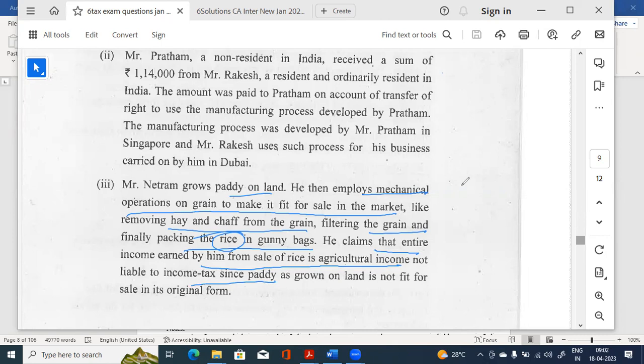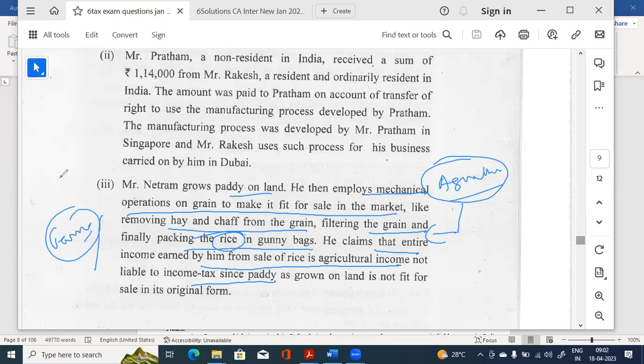Here, what they are asking is specifically whether it is agricultural income or not. Now, it has to qualify as agricultural income. All the activities to make it marketable should happen in the farm where it is being produced. If these activities are done outside, then it will get taxed. It will not be an agricultural operation.